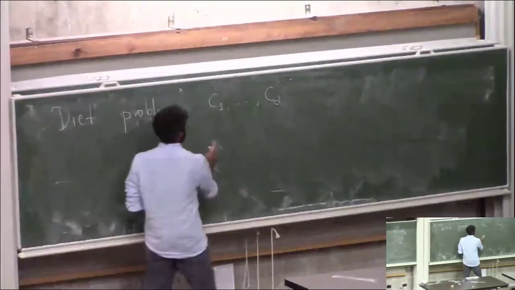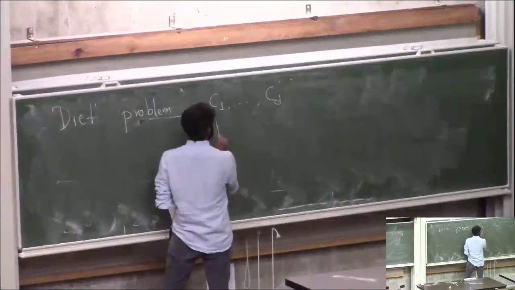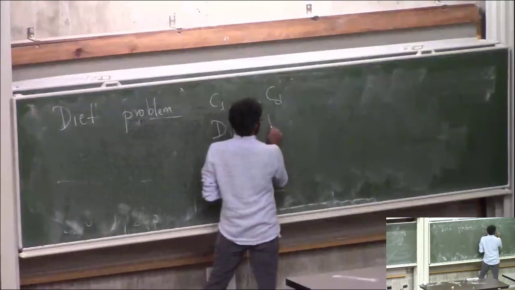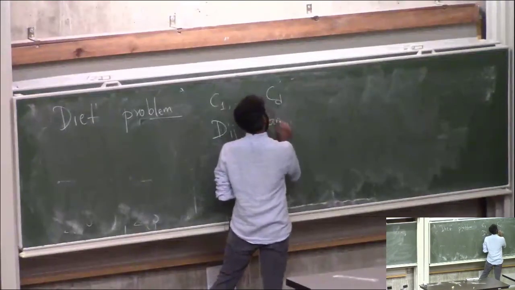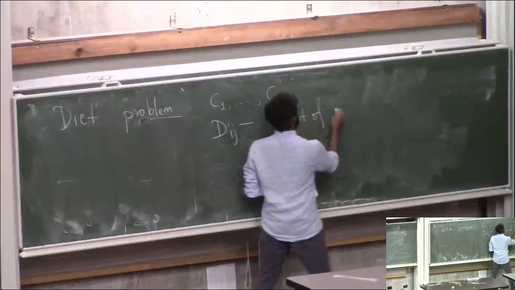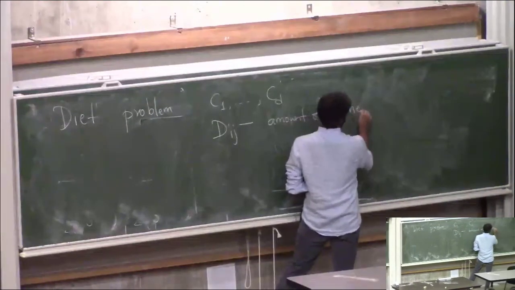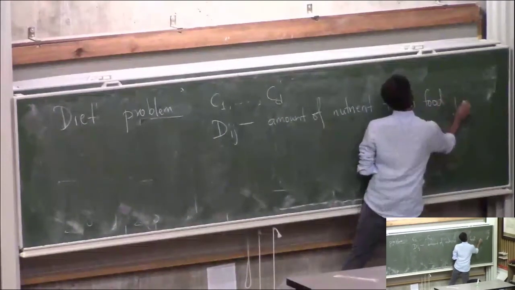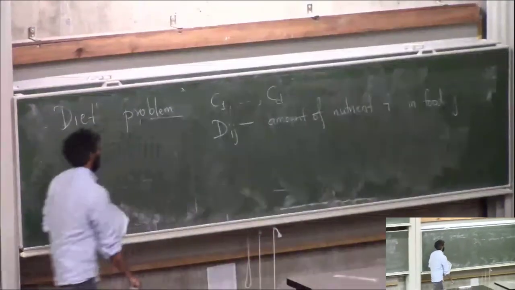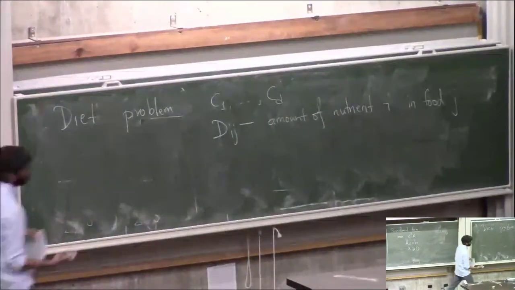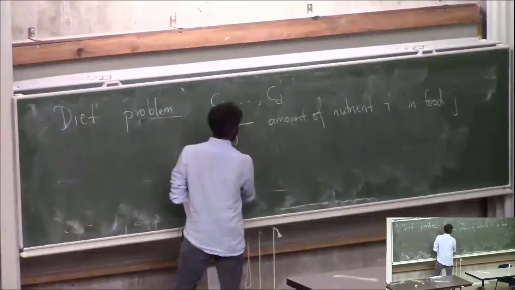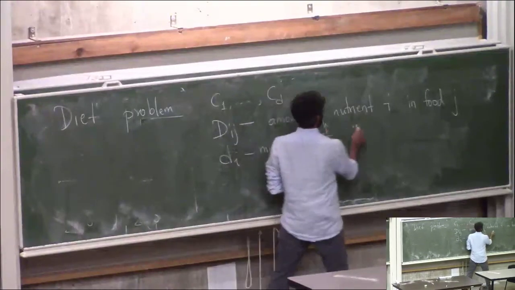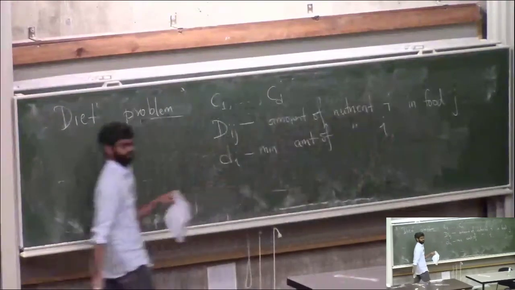There are some given values: d_ij says how much of nutrient i is in the food item j. And there's some minimum nutrient intake, so d_i is the minimum amount of nutrient i that you'd like to consume.